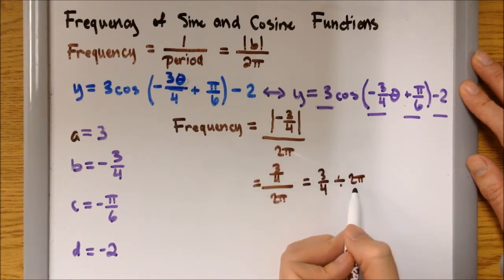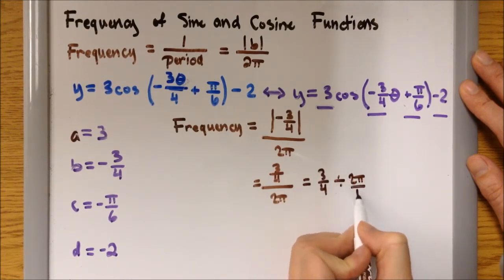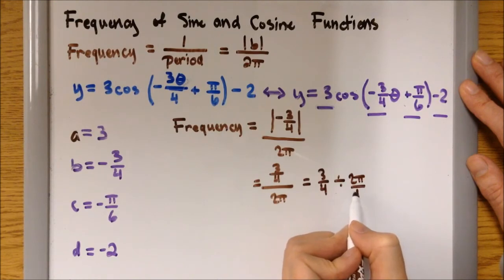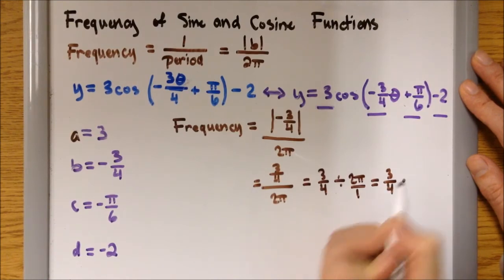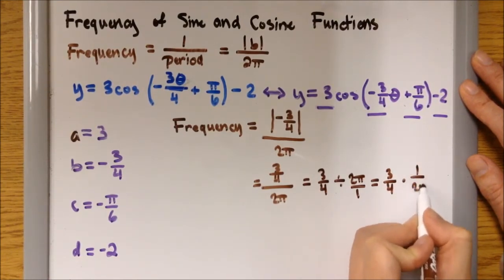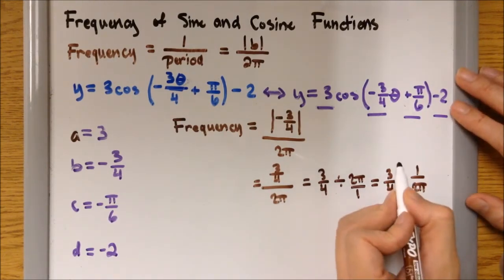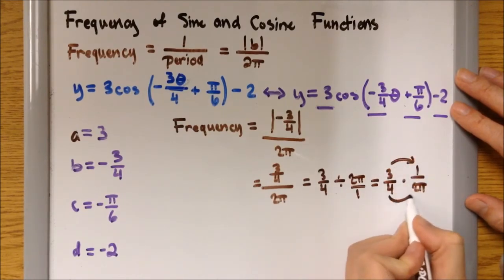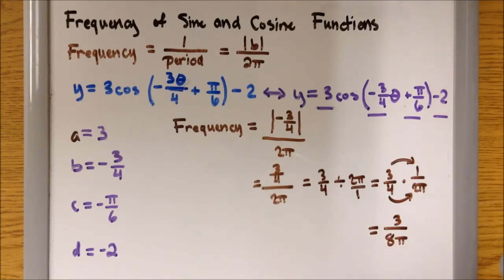Now 2 pi is a whole number, and when we change it to a multiplication, we have to flip this second fraction. So I'm just going to change this to a fraction. So now it's 2 pi over 1. And then when we change it to a multiplication, it's going to be 3/4 times 1 over 2 pi. So now we have a fraction times a fraction. All we have to do is numerator times numerator, denominator times denominator. So it's going to be 3 on the top. 4 times 2 pi is 8 pi. So that is our frequency, 3 over 8 pi.